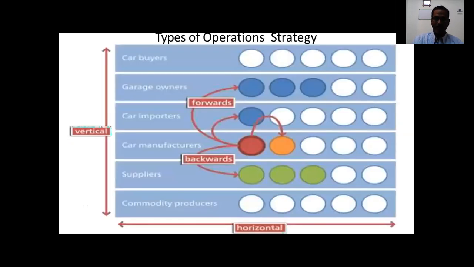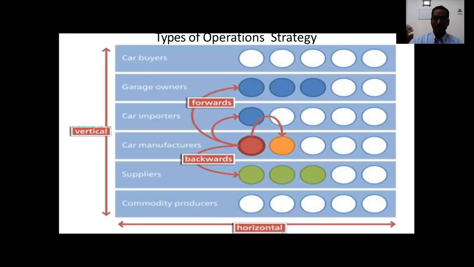Here the example is given in this image, types of operation strategies. It's an automobile example. Here we can see commodity producers. Commodity means spare parts for a car. It may be a tire, a door, a brake, all those parts.